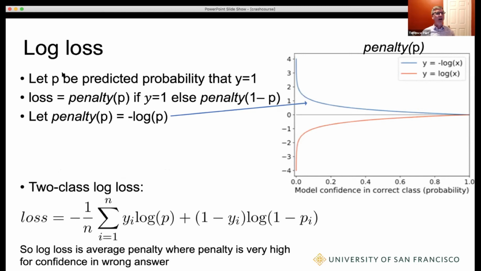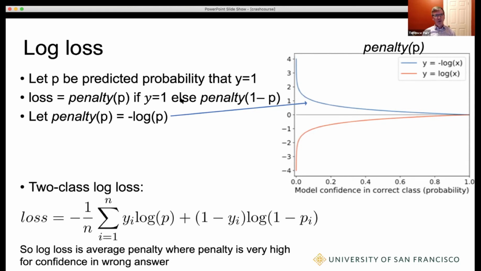So what we want, remember, P is the probability that the class equals 1. We want the loss function to be whatever this penalty is. Imagine we have a penalty function. We don't know what it is yet. If the truth is 1, we want it to be the penalty for our probability.